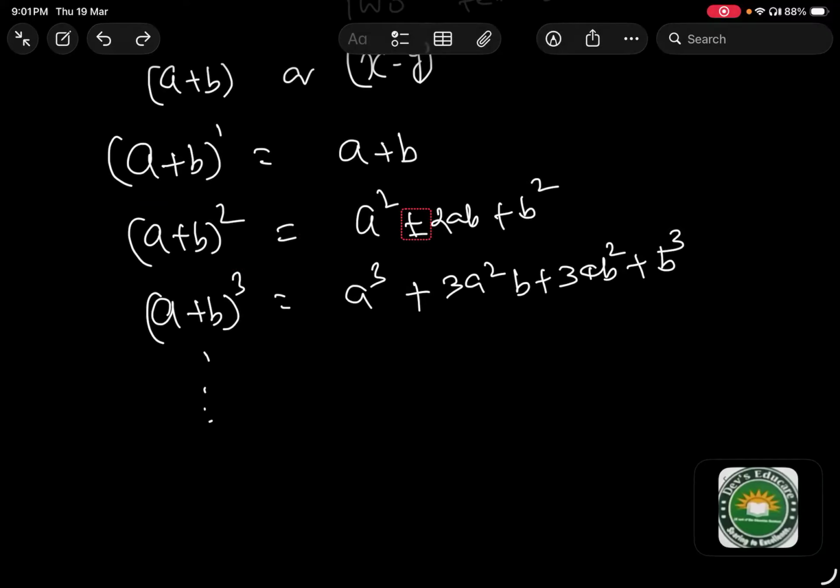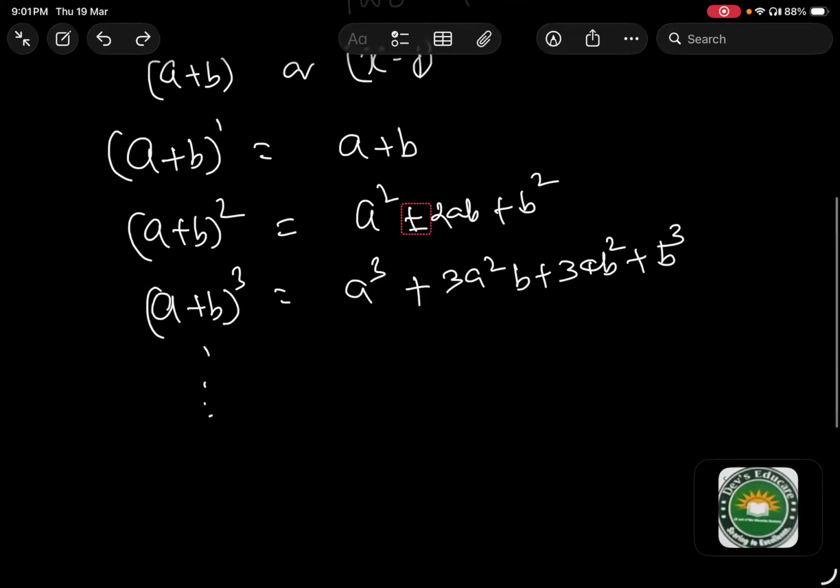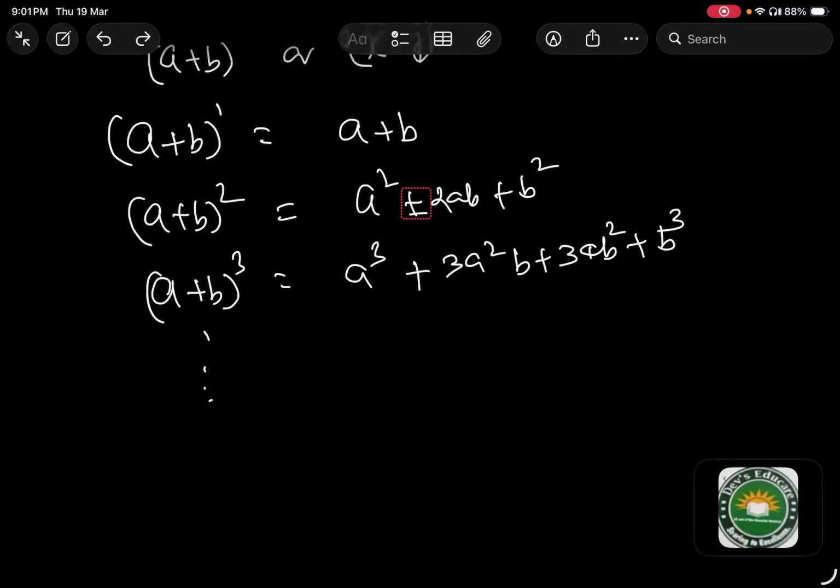And now the power of b has increased to 2 and the power of a has decreased to 0 in this way. Okay. And how the coefficients follow the pattern? The pattern of the coefficient follows like 1, 1, 1, 2, 1, 1, 3, 3, 1, this way.